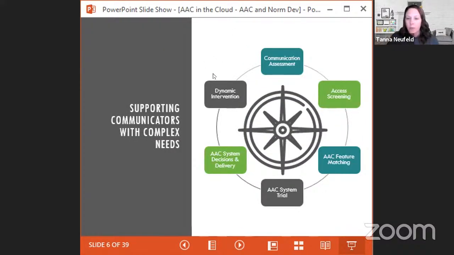So let's start in with this COMPASS framework. I have provided some trainings, or I've actually done an assessment one, and there's an intervention one coming up later this summer.